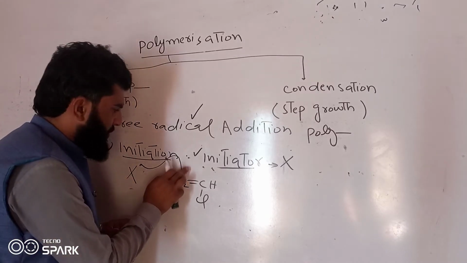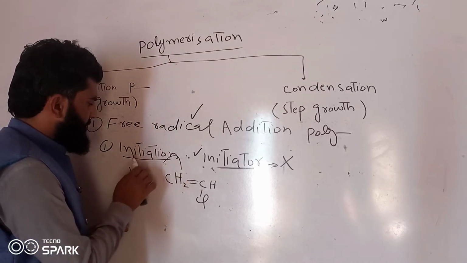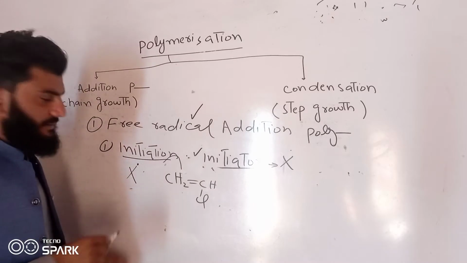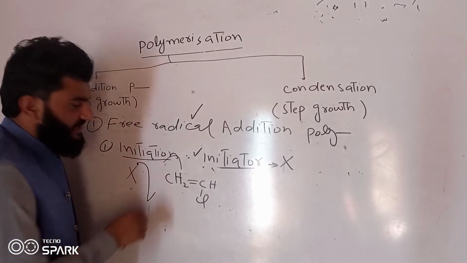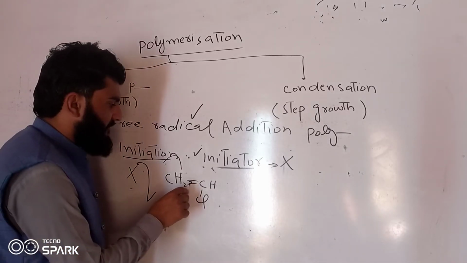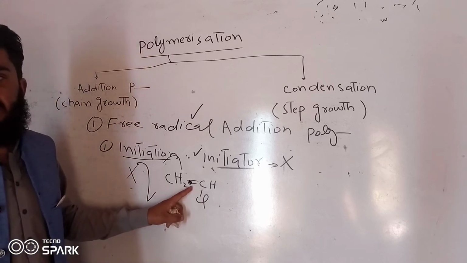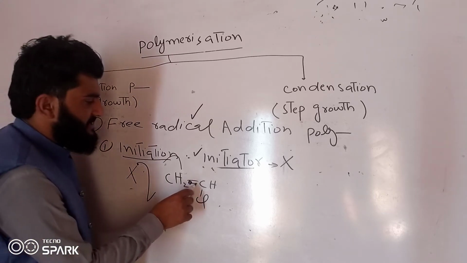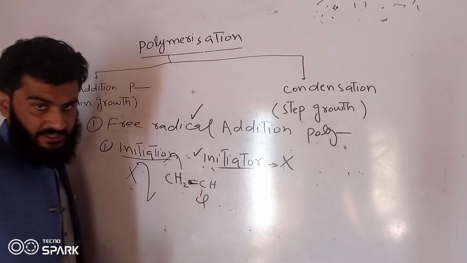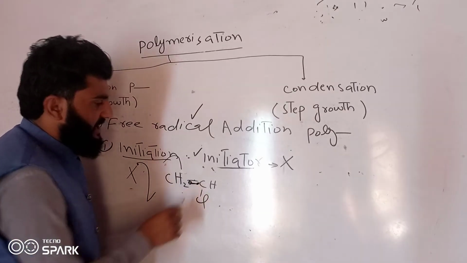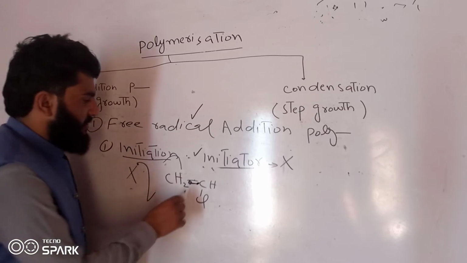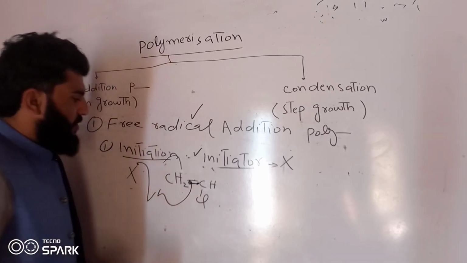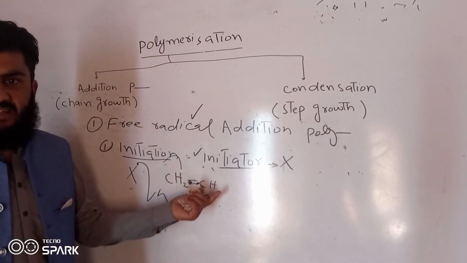Or symbolically I can show it. This is the free radical and its electron comes here. For example, these are two bonds: one is a pi bond and this is a sigma bond. These are two electrons. One electron comes here while the other electron remains there.